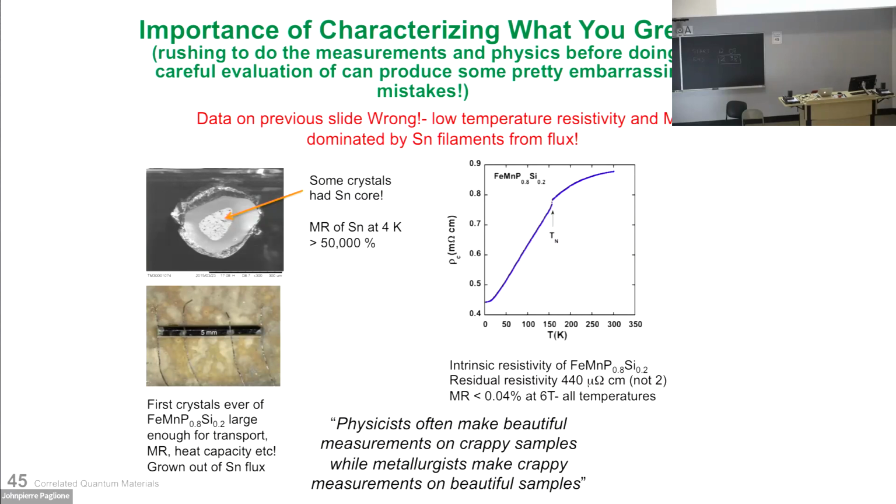And this is the resistivity curve you get when you know that you're measuring basically the whole material, not the tin. So the residual resistivity is 440 microohm-centimeters, not 2, which is what I got before. And the magnetoresistance is less than 0.04% at 6 Tesla over all temperatures.